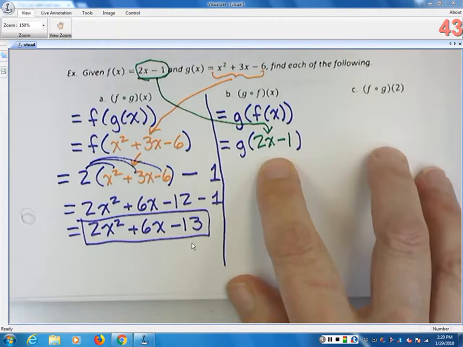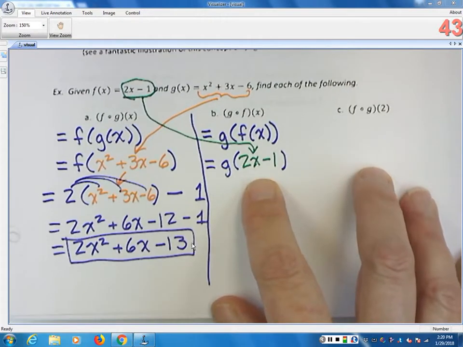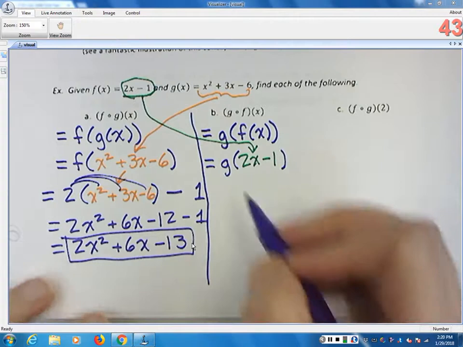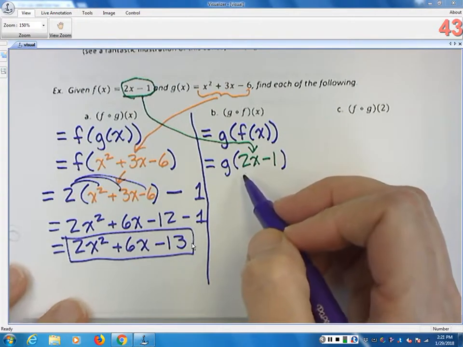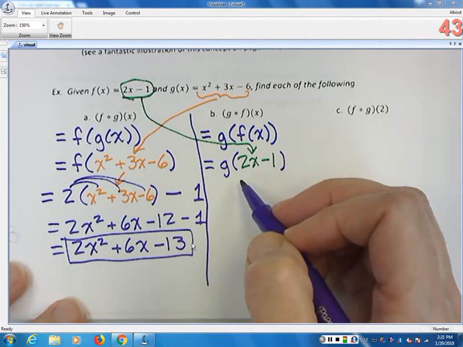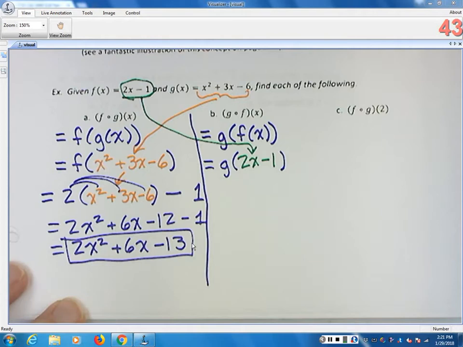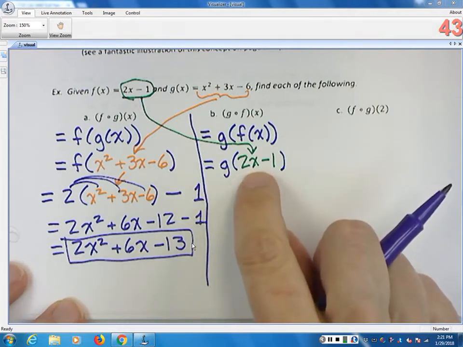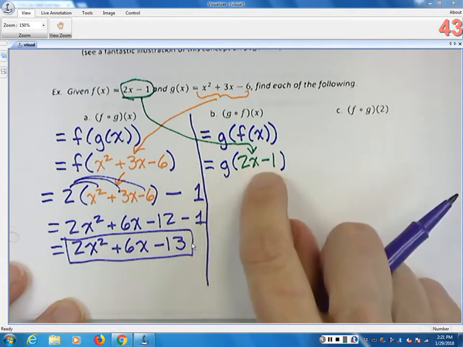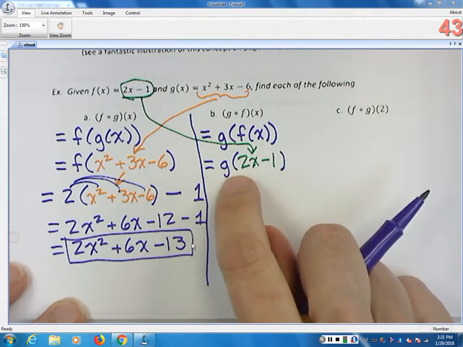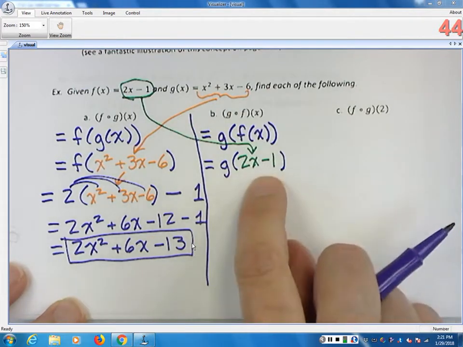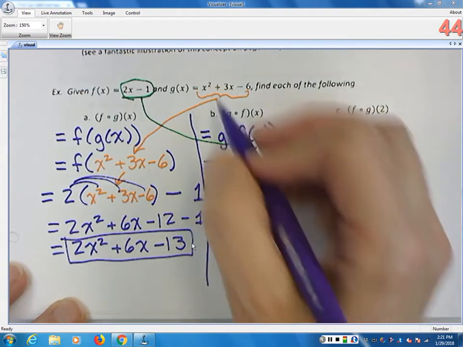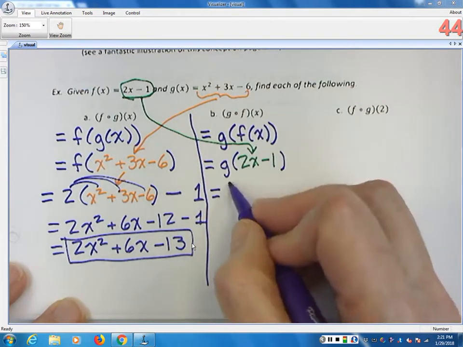Well, that was from section 1.1 or 1.2 or something. It's probably 1.1 that we didn't even cover. But you're supposed to read it. Watch tape. So everywhere you have an x in g of x, you replace it with 2x minus 1. Well, I'm going to do that in 2 steps. I'm going to write down what g of x is, but leave enough space.